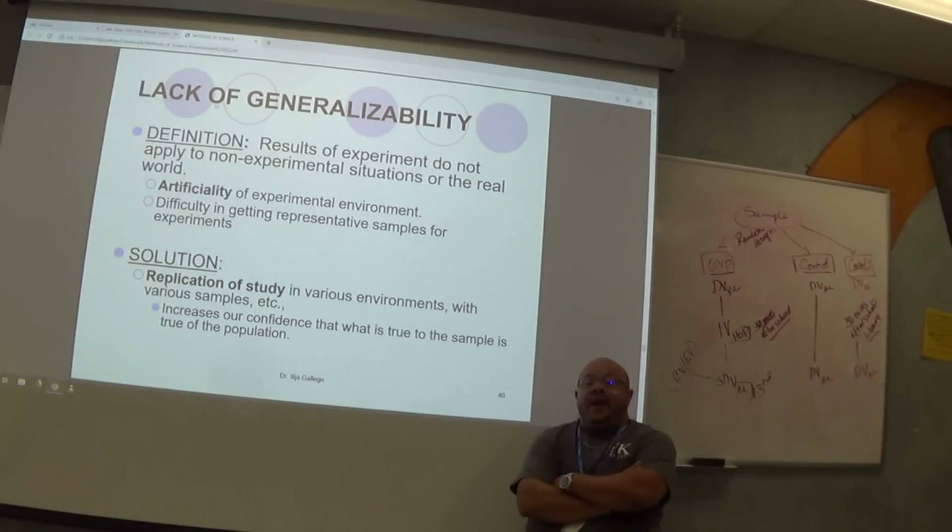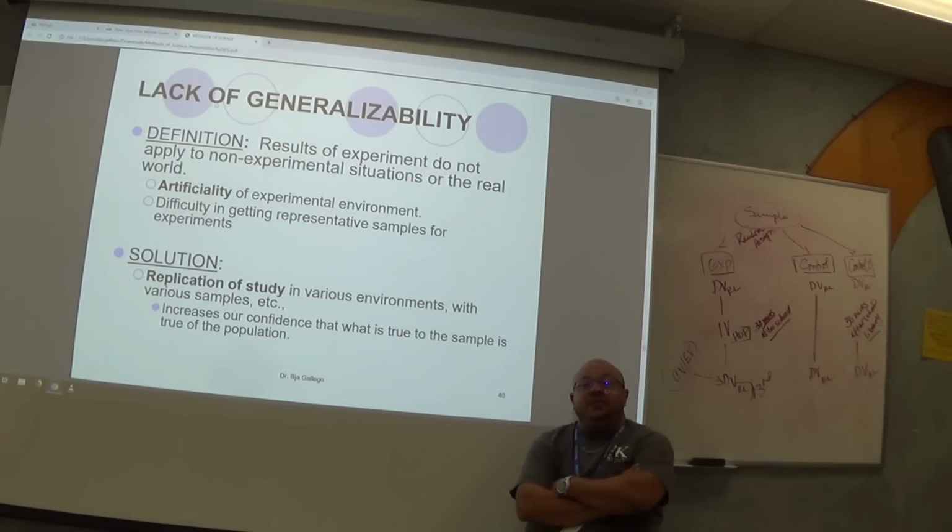Okay, so another potential problem in an experiment is lack of generalizability. Remember, generalizability means what's true of the sample is true of the population. And when we do one experiment, we don't know if the results for that one sample would apply to the population.